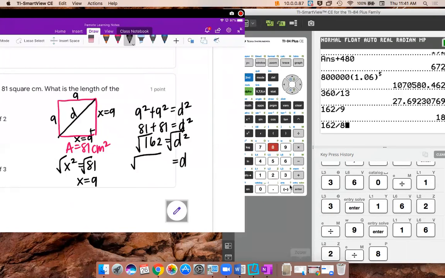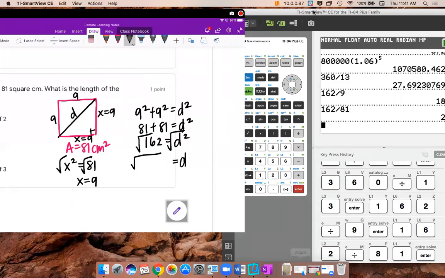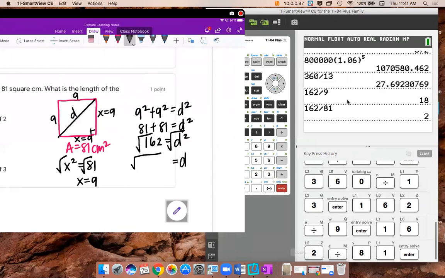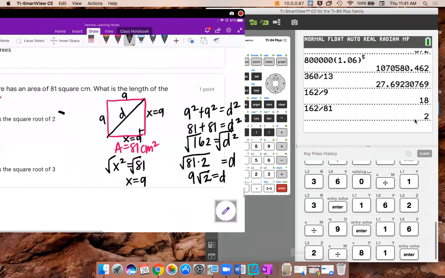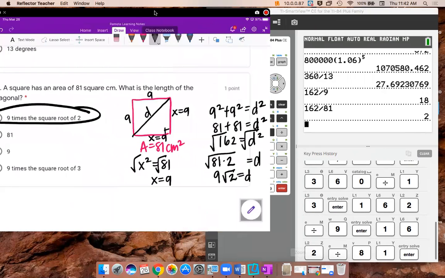If I do 162 divided by 81, I get that it goes in perfectly twice. So I can break 162 into 81 times 2. I know the square root of 81 is 9, so that can come out. And I can't do the square root of 2, that's stuck inside. So my diagonal is 9 times the square root of 2. So that should be your final answer right there, where it says 9 times the square root of 2.